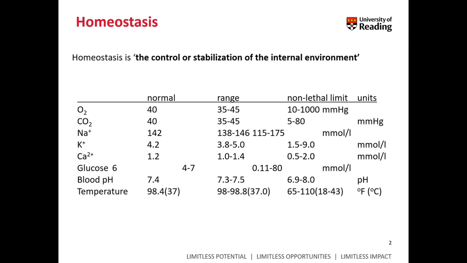And then we do have the lethal limits. For O2 and CO2, we have a partial pressure of 40 millimeters of mercury with a fairly wide non-lethal limit for both of them, but actually a fairly narrow physiological range.